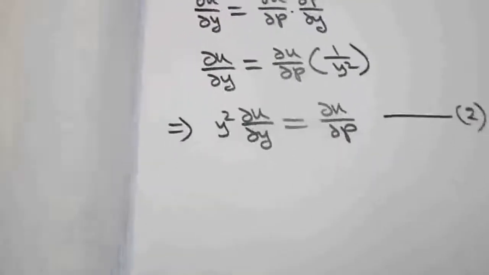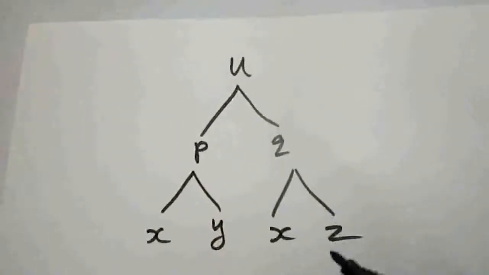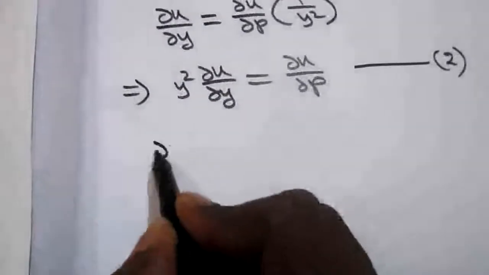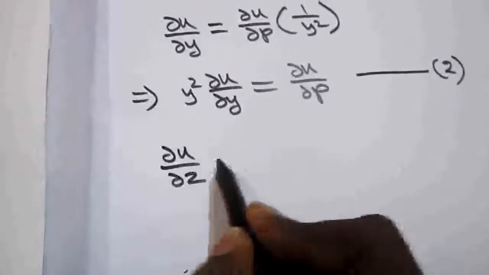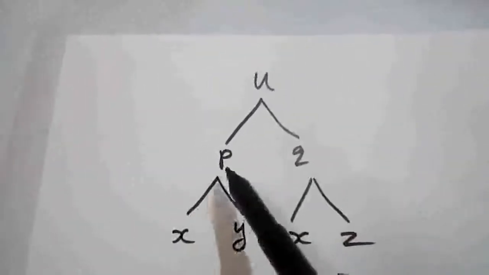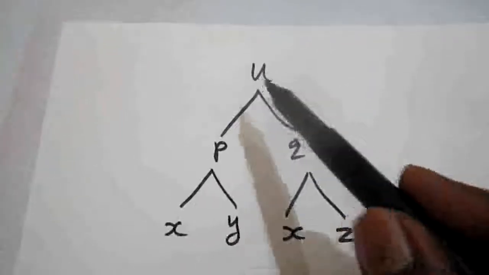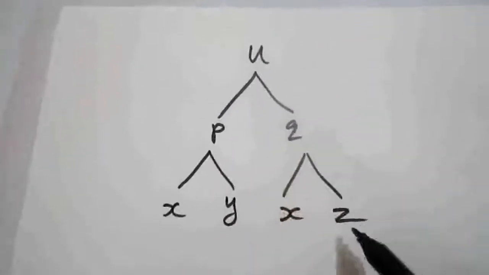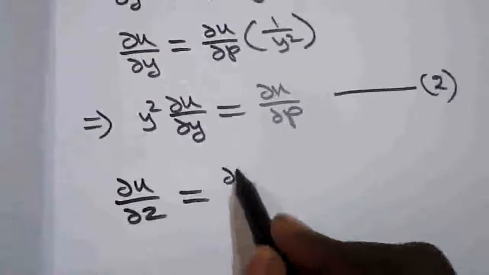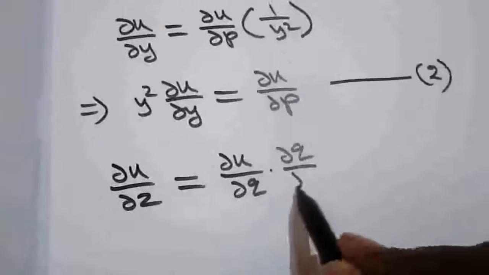Now from the same relation I am going to write the third formula, ∂u/∂z. So ∂u/∂z is equal to ∂u/∂p, and from p there is no z, so I cannot write through p. So now ∂u/∂q into ∂q/∂z.